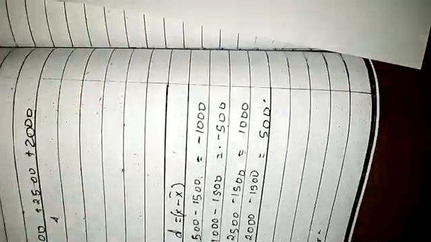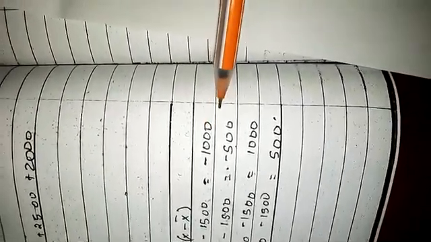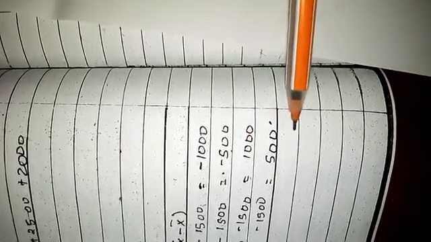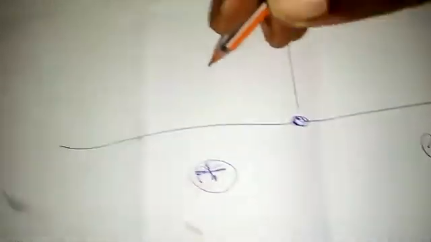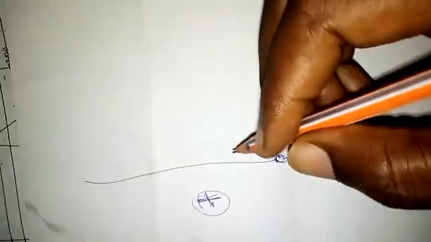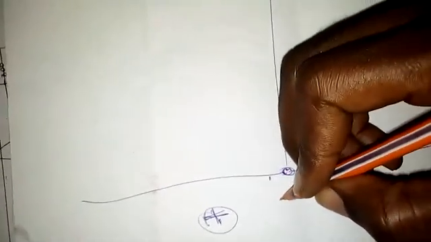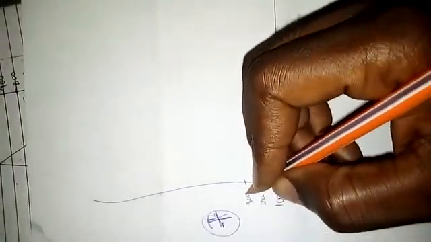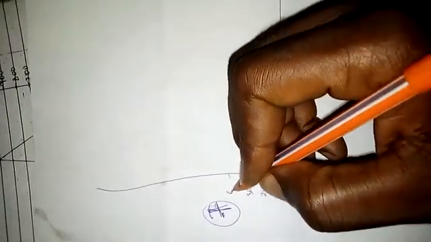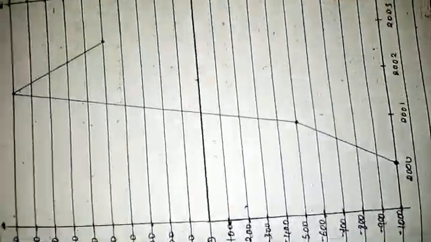So since we have these datas, negative 1000, negative 500, 1000 and 500, we can prepare a simple scale by drawing, let's say, for each 1 centimeter we'll put 1000 data. So from the positive part, the graph will be like this: 100, 200, 300, here 400, as seen in this part.